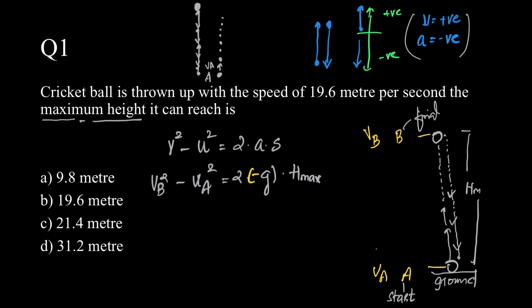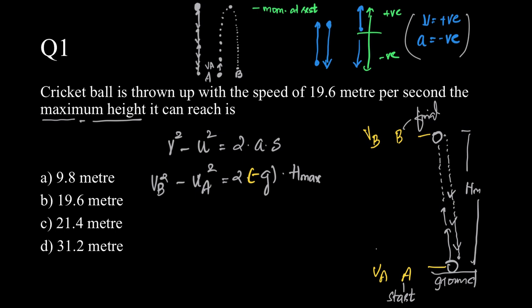As the velocity is reduced like this, at one point of time the velocity will become zero. And at this point, the body is momentarily at rest. And then the body will come down again and reach the ground at B.